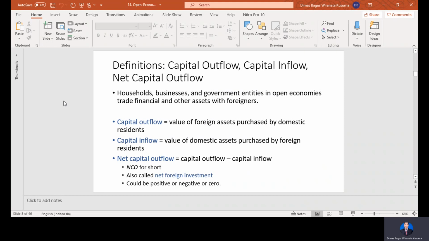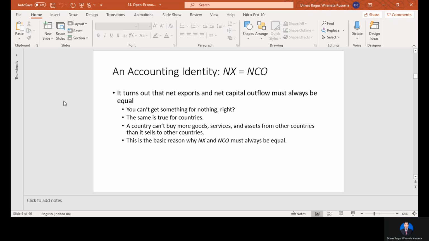So when foreign residents purchase our assets, that is the capital inflow. So net capital outflow is the difference between capital outflow minus capital inflows. NCO, also called net foreign investment, could be positive, negative, or zero.